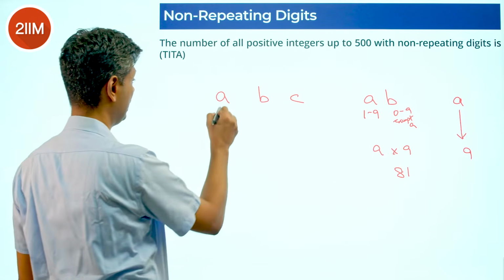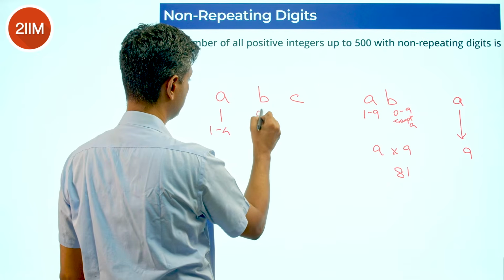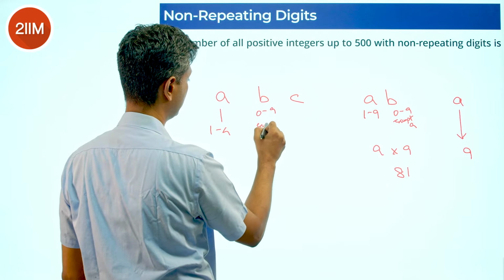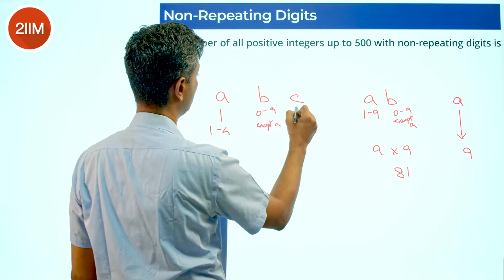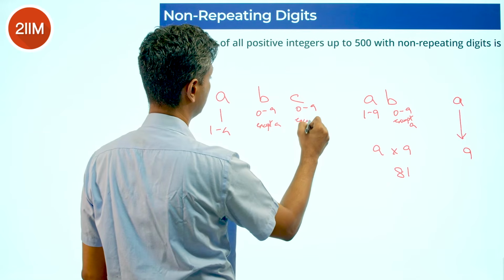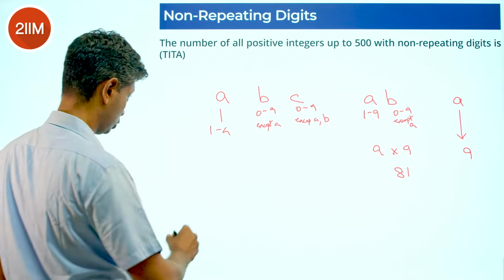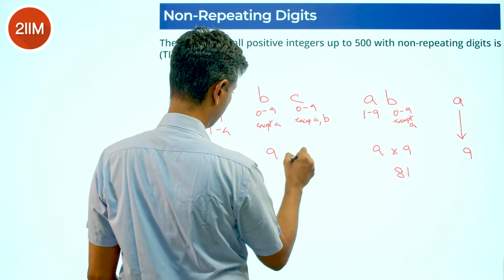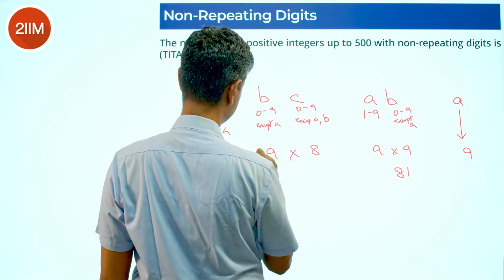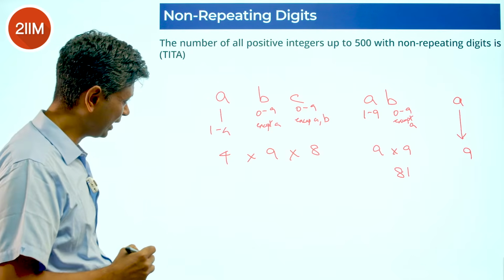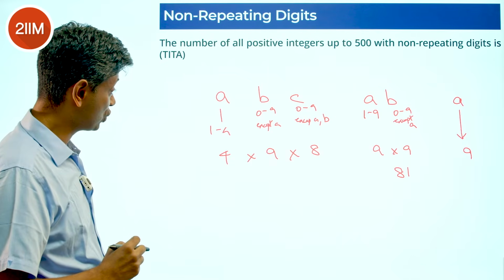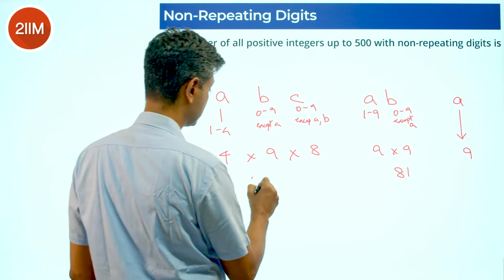3-digit numbers, A can go from 1 to 4, B is 0 to 9, except A, C is 0 to 9, except A comma B. So this is 4 possibilities into 9 into 8, which is 72 into 8, which is 288.